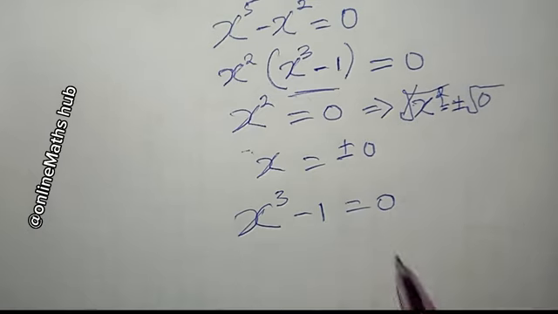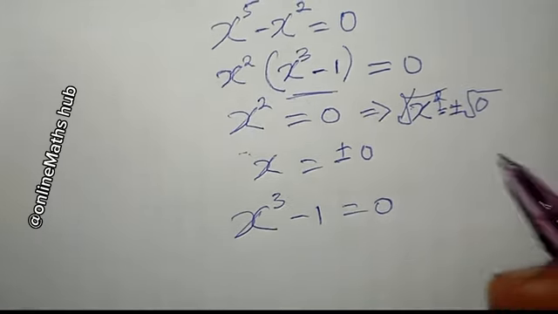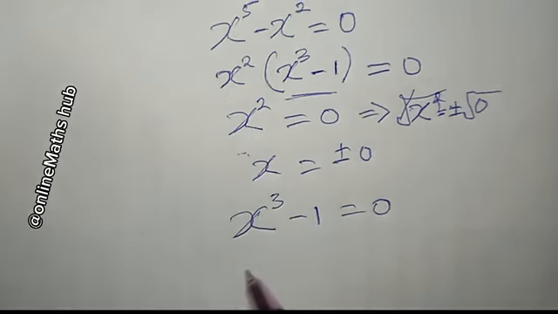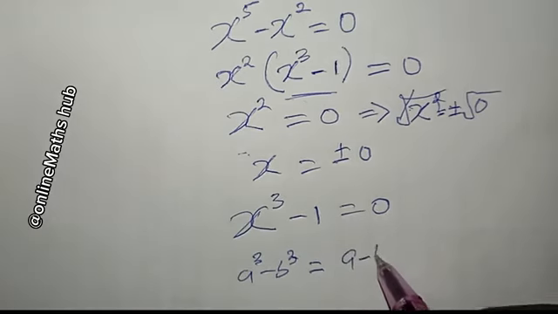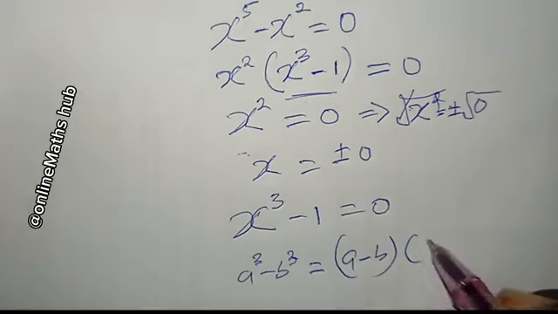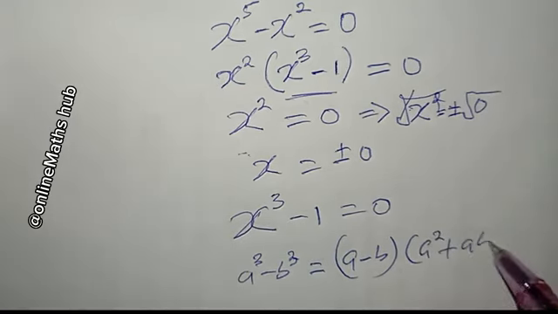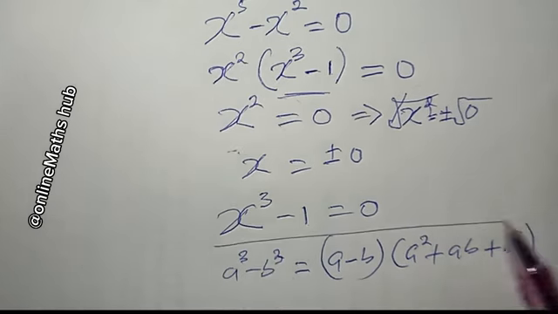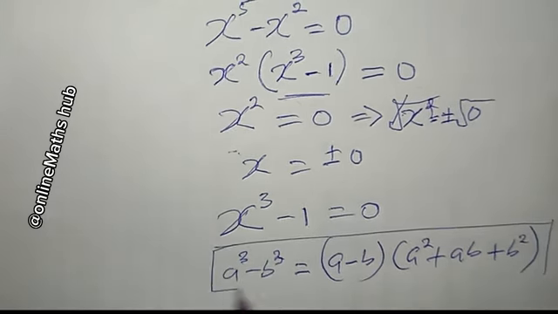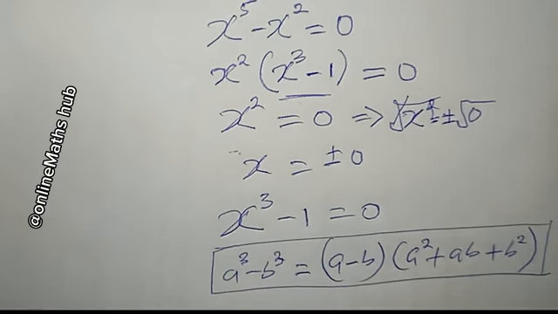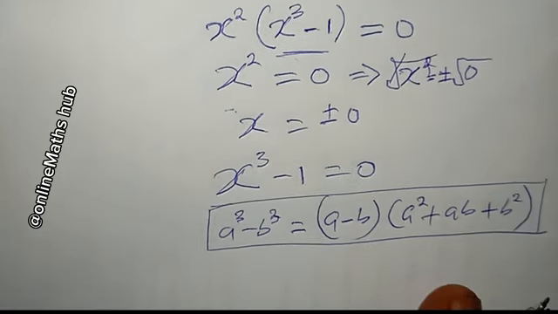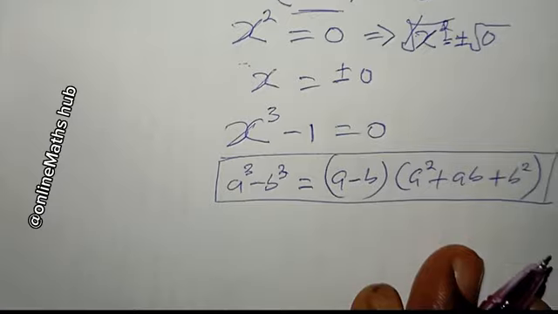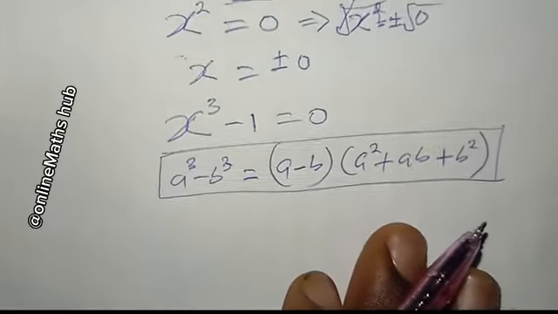Okay, so you can remember that if you have, let's say, a power 3 minus b power 3, this is actually going to give you a minus b, okay, and then bracket a power 2 plus ab plus b power 2. Okay, so I'm going to use this expansion here to actually expand this stuff I have over here, which in this case my a is actually x, and then my b is 1.